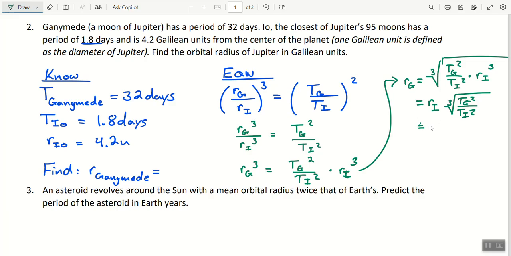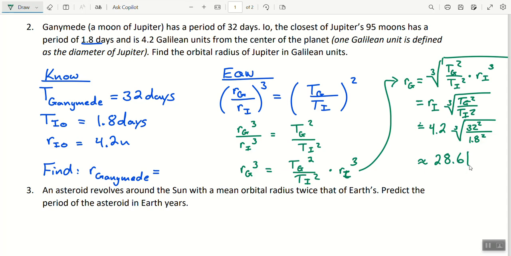Huggins. 4.2 times the cube root of, let's see, we had 32. I agree with you, I think. I heard two people say it. 28.61.